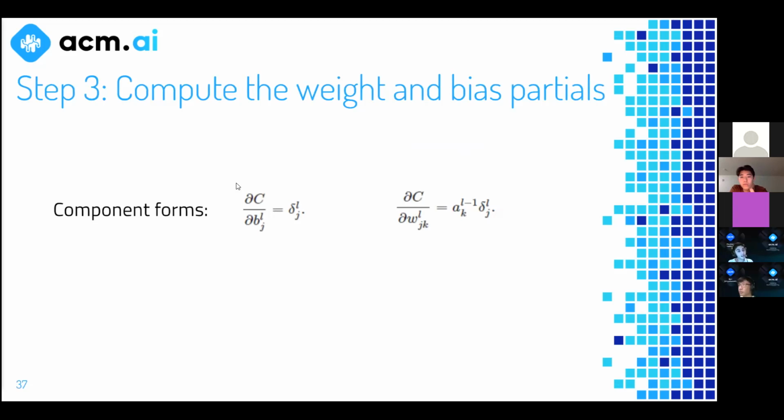Now the last step is, remember, ultimately what we wanted to do was compute the derivative of the cost function with respect to each of the biases and with respect to each of the weights. We have all the errors. Now, how do we do that? These formulas are how you do that. Once again, there are proofs for why these things are true in the Paymon proof thing.